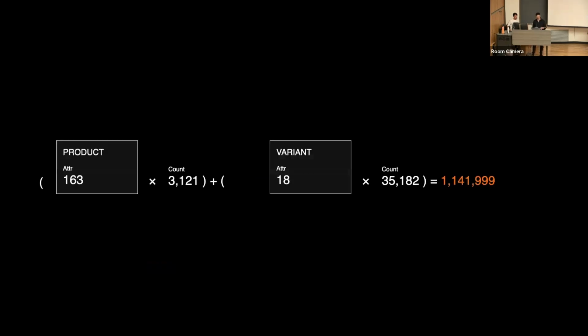And if we just look at products as one bucket, ignoring all the other data, we currently, as of this morning, have over 3,000 distinct works of design published, with many more in the pipeline, a total of over 35,000 variants of those products in our e-commerce database, and over 150 attributes per product and 18 attributes per variant.